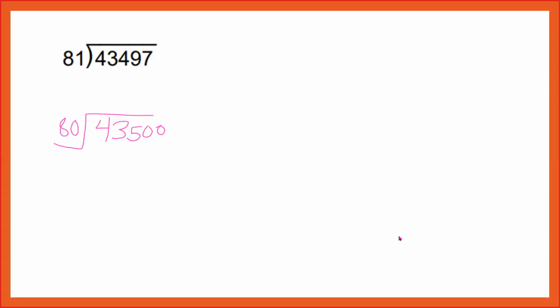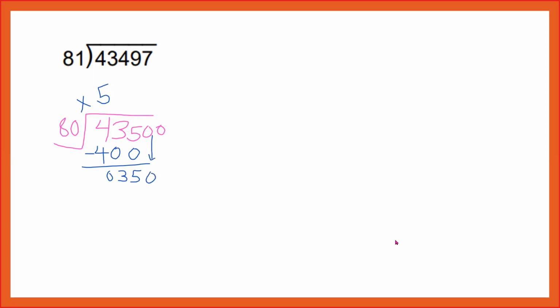Bravo, 5. So here I will write 5. Then 5 times 0 is 0, 5 times 8 is 40. Let's subtract: 3 and 0. Bravo. Then what do you have to do next? Put the 0 down.